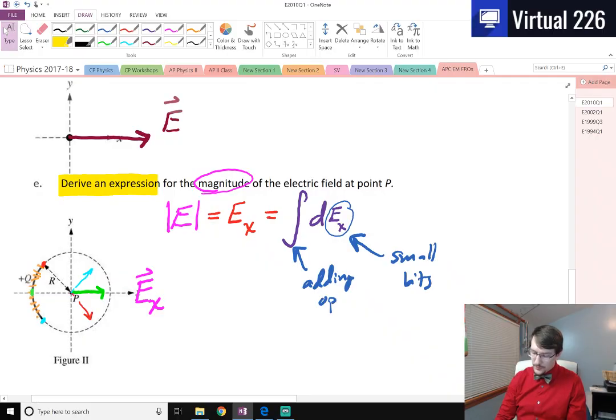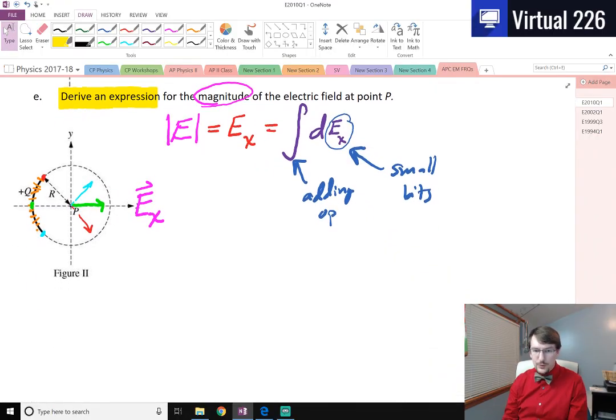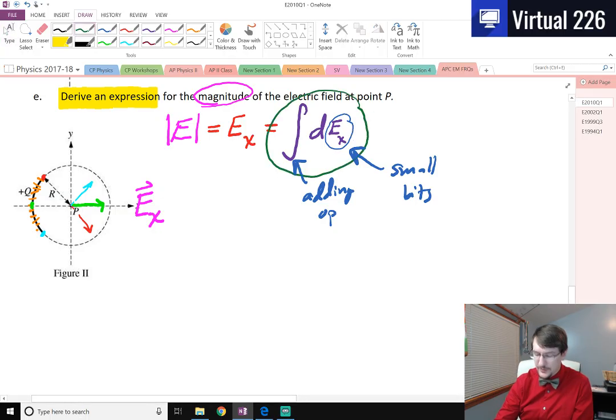Okay? So how would we write this out fully in a mathematical format? Well, we're really going to focus on this right here now, because all of this is going to end up equaling our answer.